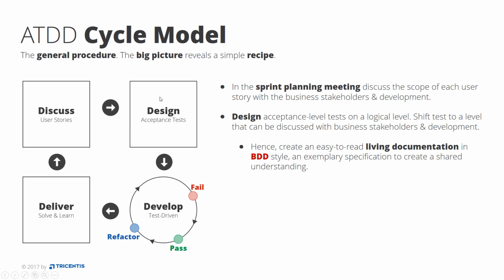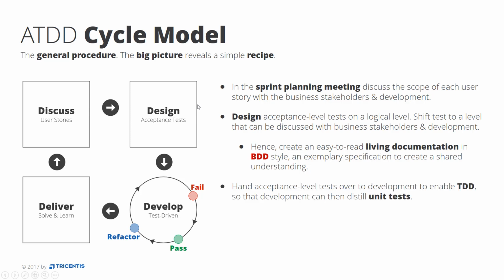So it's really an easy to read living documentation in BDD style, so behavior-driven development, and exemplary specification to create the shared understanding, so that everyone knows what this test is about and what is really needed from the application itself.